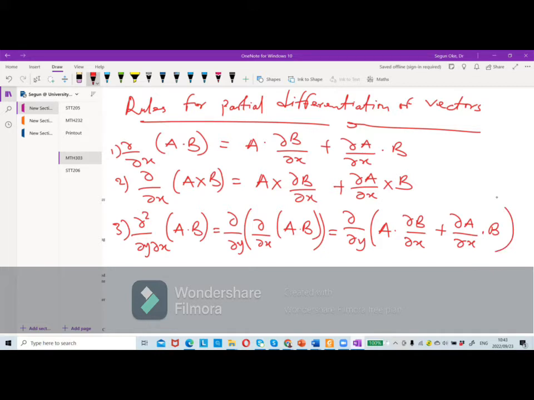So you can now differentiate it again. Remember, you are still in this one.